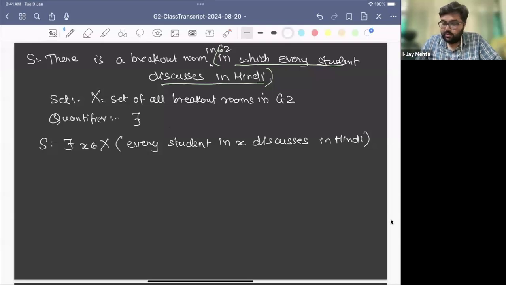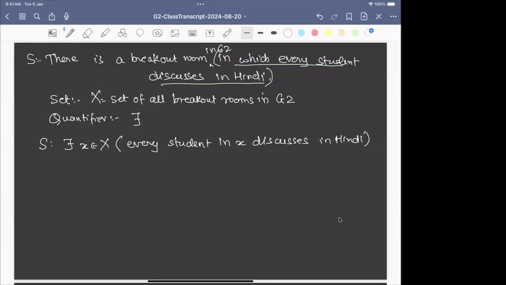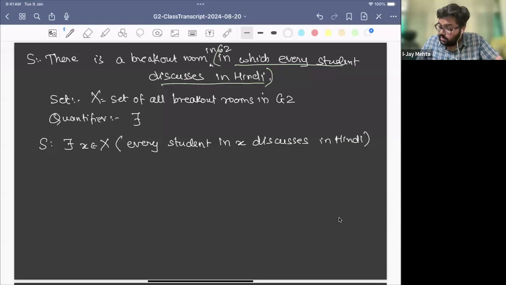First, give me the set here. Room number 4, Bhakti. Yes, sir. What is the set here? Every student, where students?